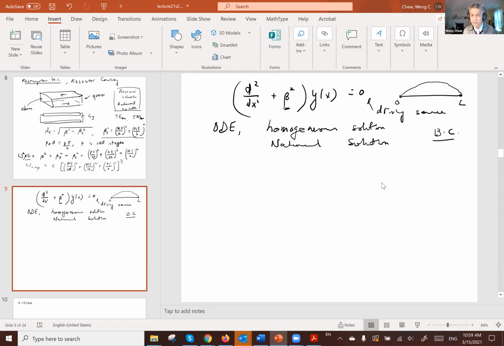Beta is the wave number. Then you can find that beta, in this case, is 2n pi, n integer, for this particular diagram I have drawn here.